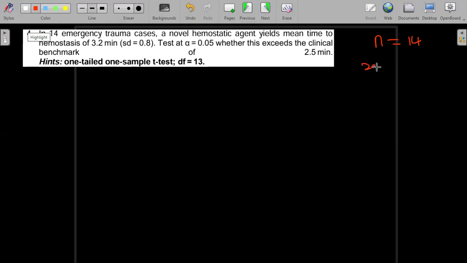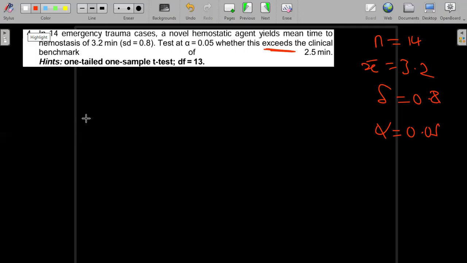So the mean is 3.2 and the standard deviation is 0.8. Test at 0.05 whether this exceeds the clinical benchmark.